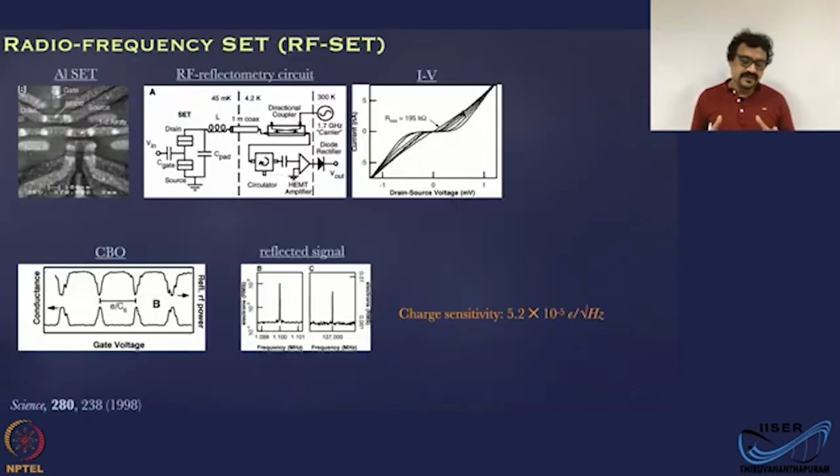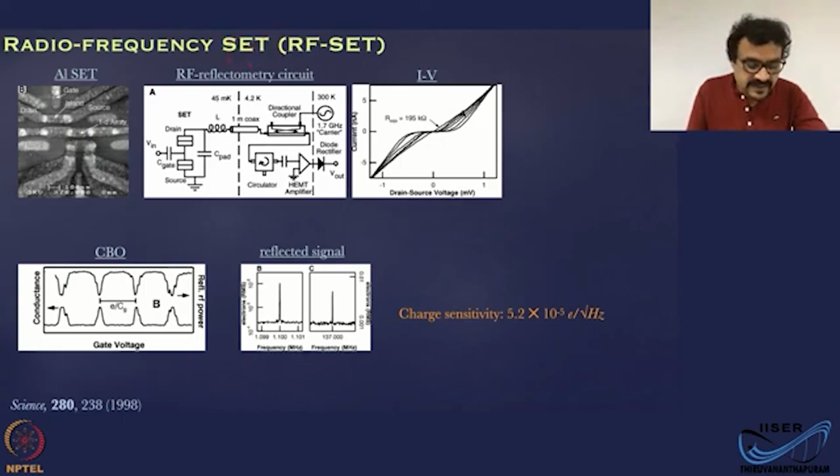And this is a landmark paper, and this is the first paper where the concept of radio frequency tank circuit or impedance transformer was applied to a single electron transistor.